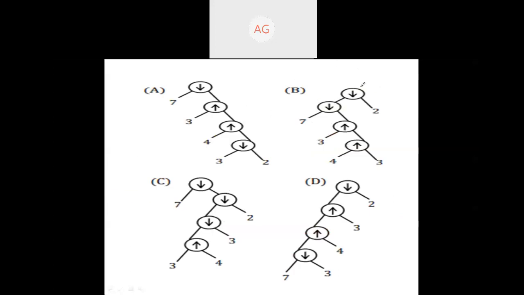Now these are the four options given to you. You need to find out which of these parse trees is correct, which is represented by the expression. Just write the number in the chat box. Which of these options is correct?